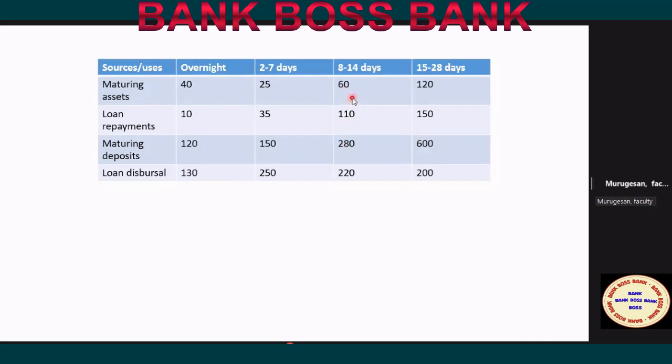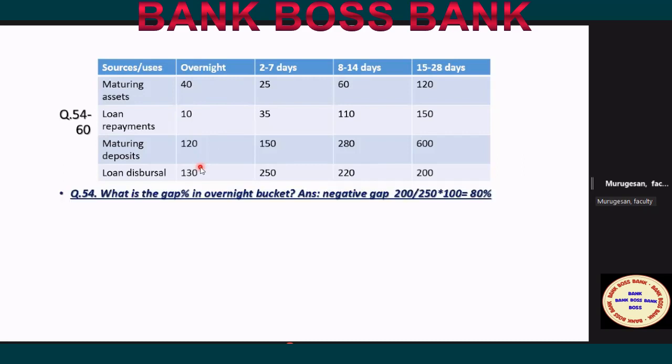So here, these two are inflows and these two are outflows. Here we have given it deliberately. Here all the gaps, all the buckets, are a negative gap. For example, what is the gap in the overnight bucket?